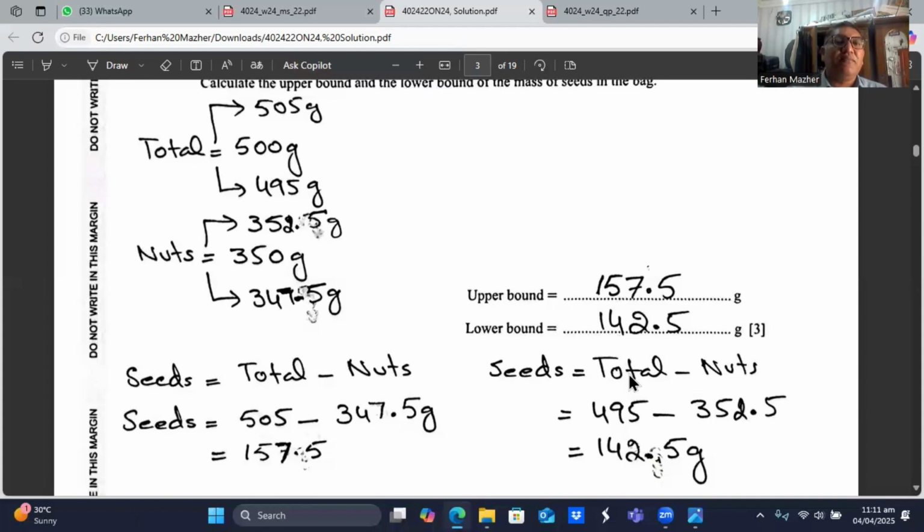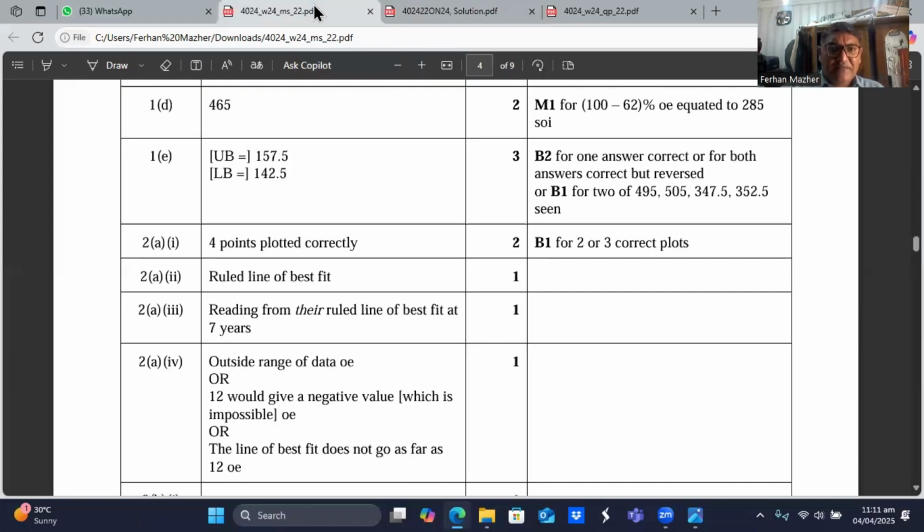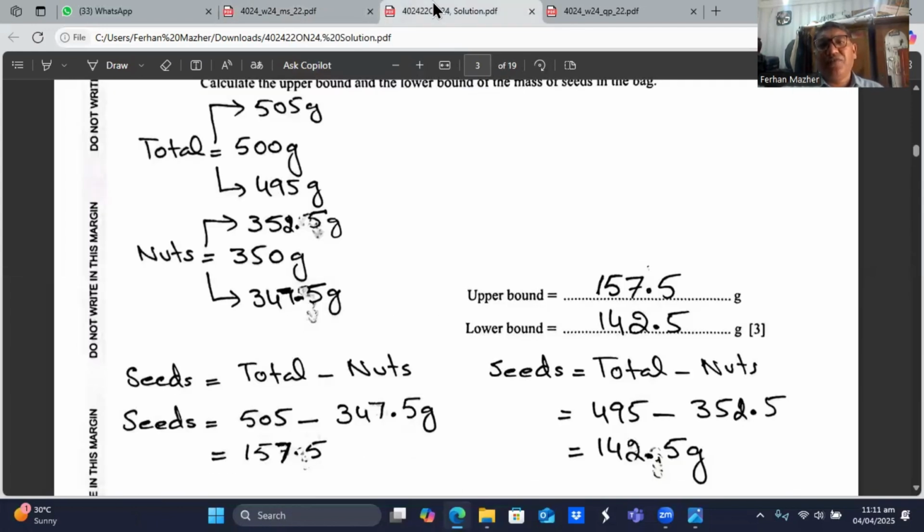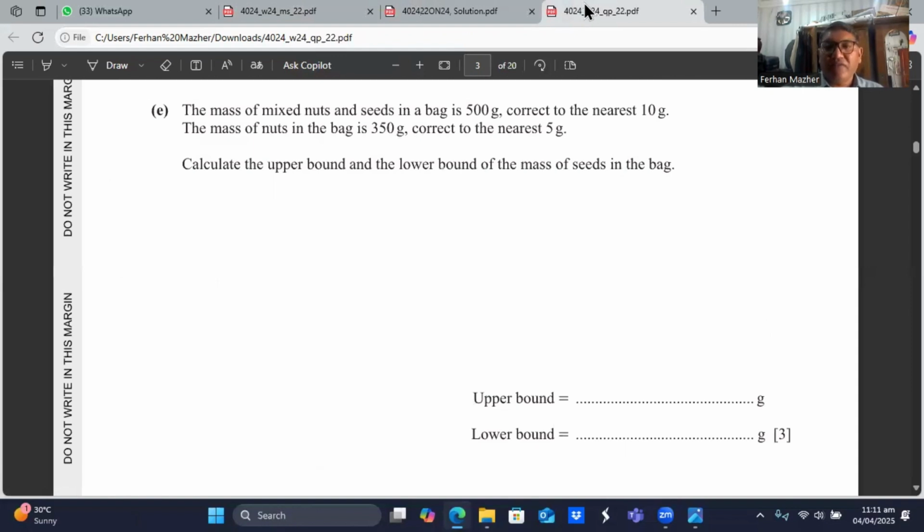So the total mass, its lower bound is 495, and the nuts, its upper bound is 352.5. So 495 minus 352.5, you get 142.5 gram. So let's check. We know the 157.5 and 142.5. So our answers are right. I hope you understand this.